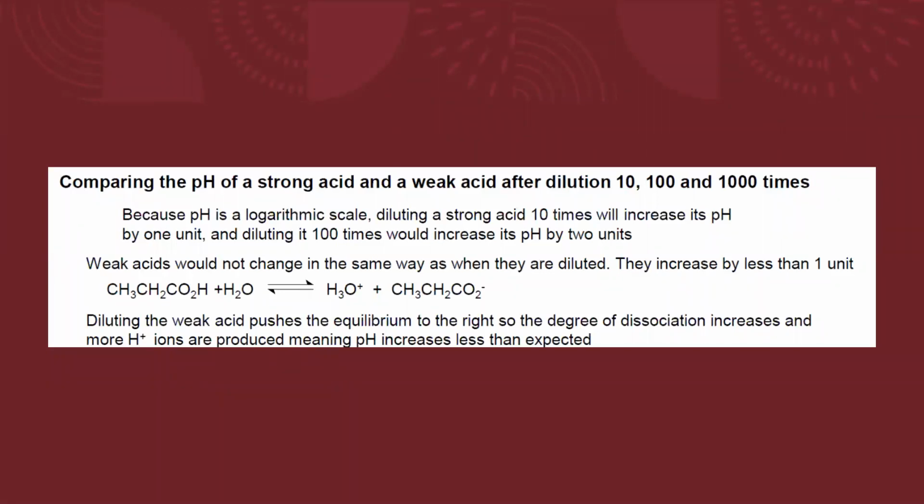So when we compare the pH of a strong acid and weak acid after dilution 10 times, or 100 times, or 1000 times, for strong acids and strong alkali, the pH will have a greater change, because as we know, the pH is on a logarithm scale, like pH is equal to minus log of hydrogen ion concentration.